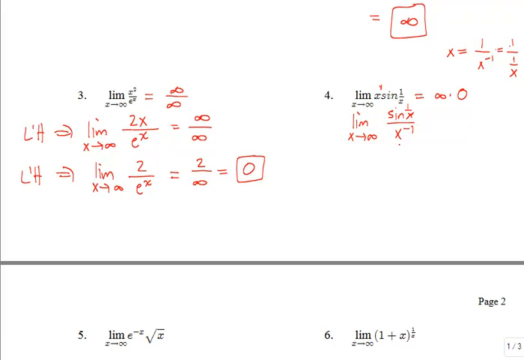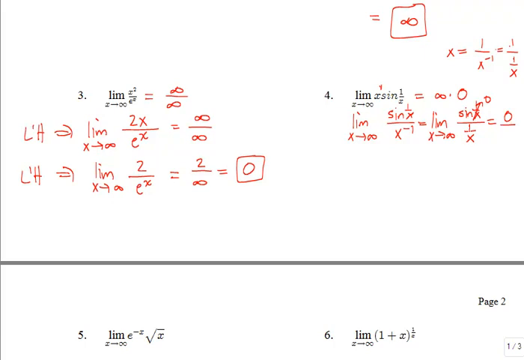Now I've created a quotient, but we still need to plug in again and see what kind of indeterminate form this is giving me. I'm a visual person here, so I like to think of this x to the negative 1 in the bottom as a 1 over x when I'm plugging in. If I'm plugging in infinity for x, 1 over infinity goes to 0, and sine of 0 is 0.